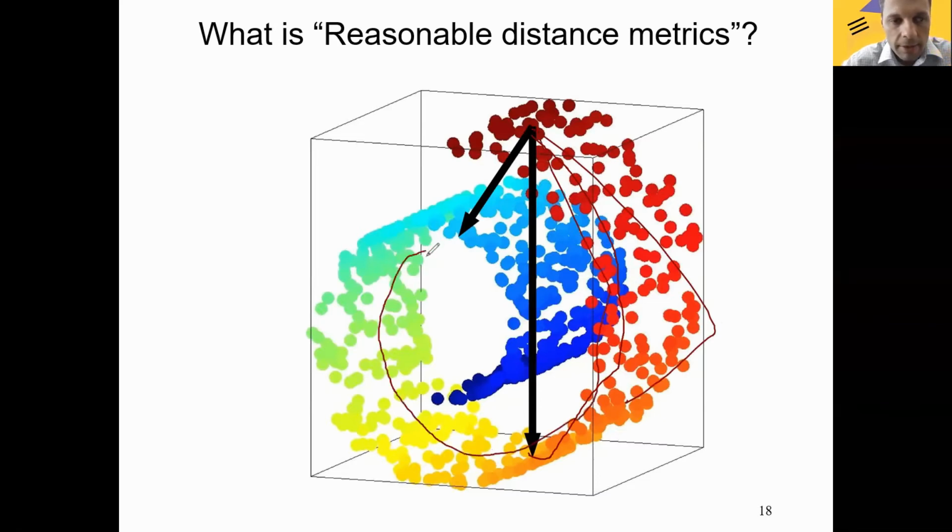You see, it will be significantly bigger, because we should take into account the surface along which the points are located.